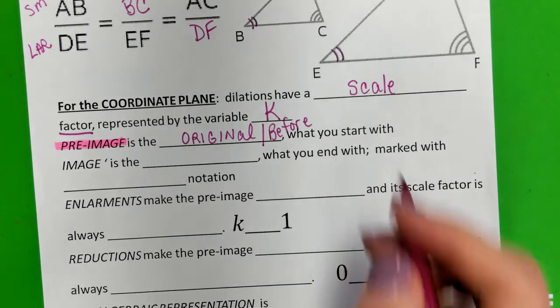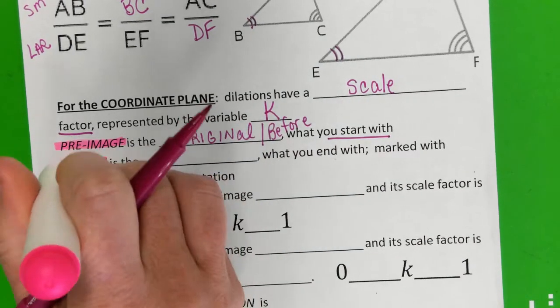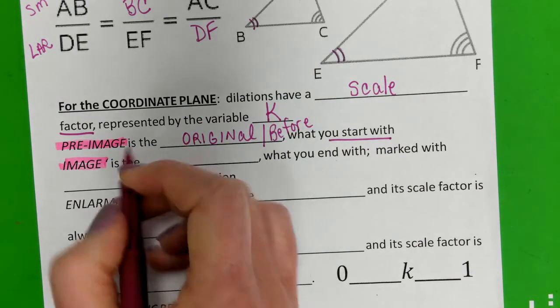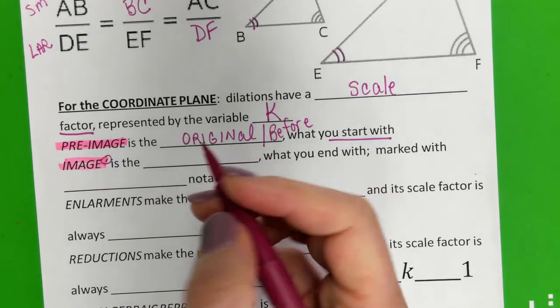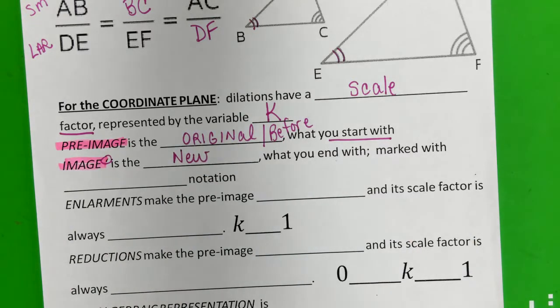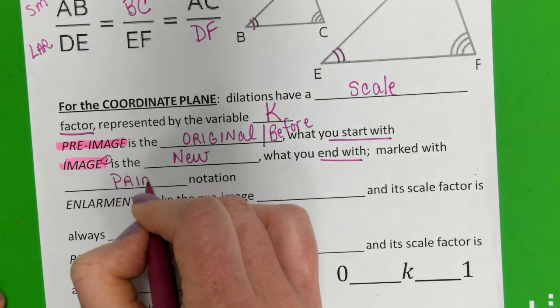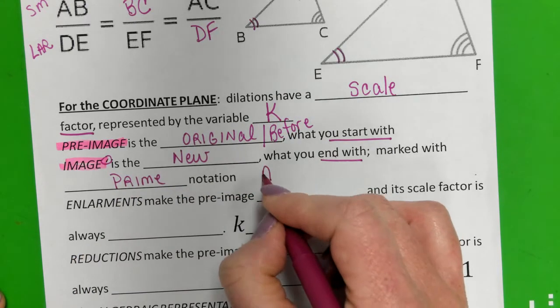It's what we start with. The image, notice how it has that little prime marking right there. Image is the new, what you end with. And remember, it's marked with that prime notation, like A prime.